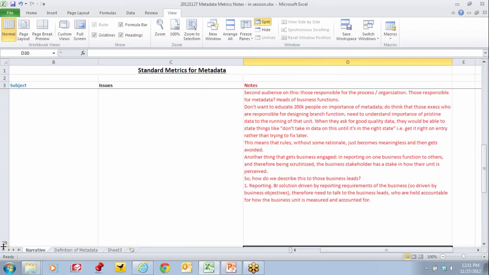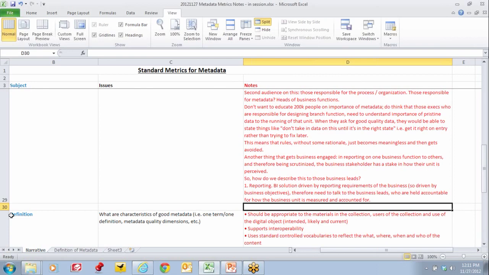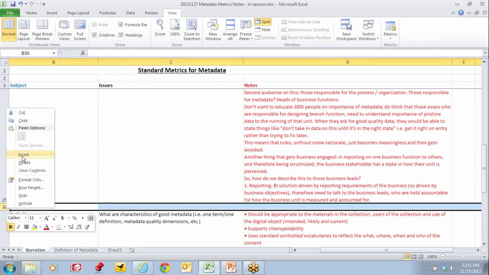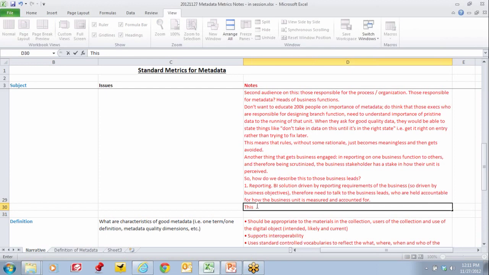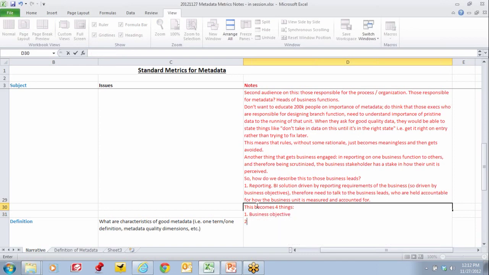So there's a real stake in making sure that how that business is being talked about, measured and analyzed is consistent with how they actually run their business, which gets back to the question of how we are describing this to those business leads.